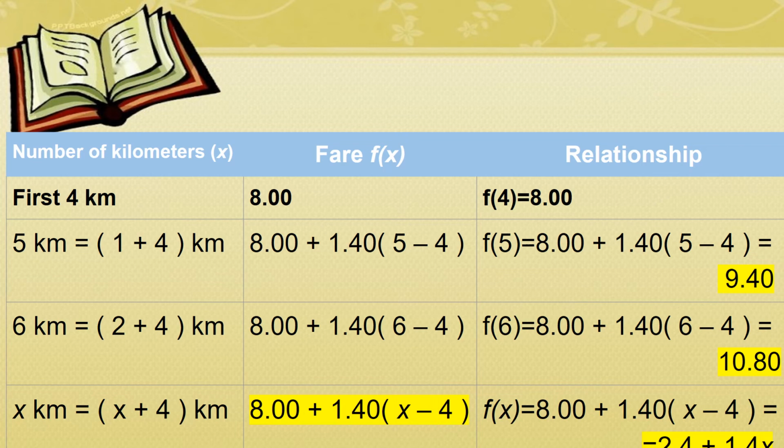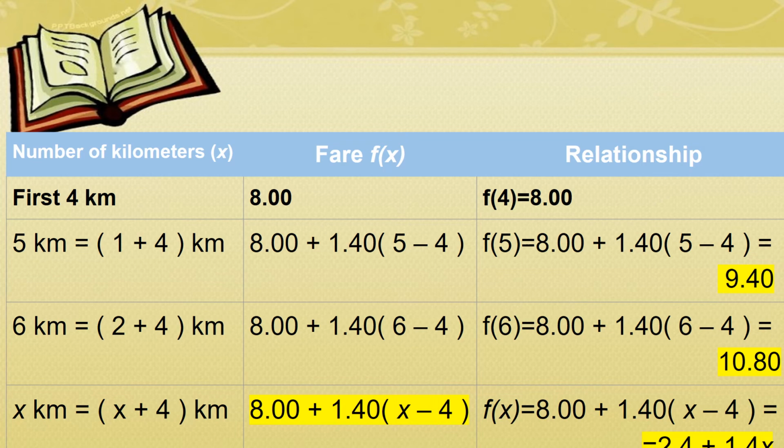6 kilometers. So, yung 2 kilometers na dagdag plus 4 na kilometers na constant. So, 6 na kilometers na lahat. So, 8 pesos plus yung dagdag bawat kilometers na 1.4 times times natin sa 6 minus 4. Ba't nag-minus tayo? Kasi nga may 8 na, no?